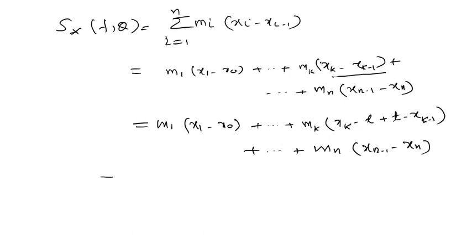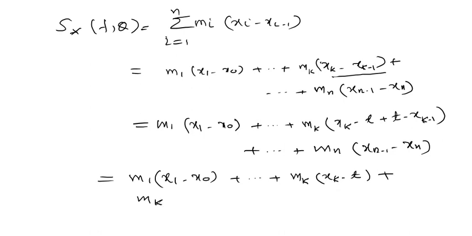Okay, so this is equal to m1 times (x1 minus x0) plus mk times (xk minus t) plus again mk times (t minus xk minus 1) plus mn times (xn minus 1 minus xn). Now this mk and this mk, they are less or equal to c1 and c2.